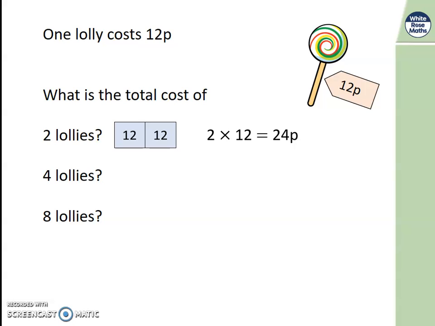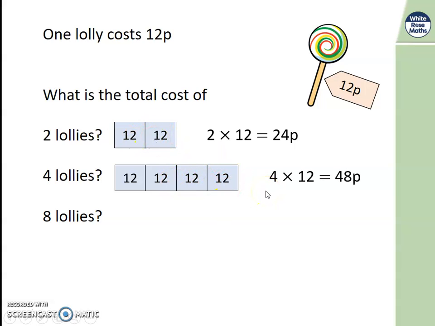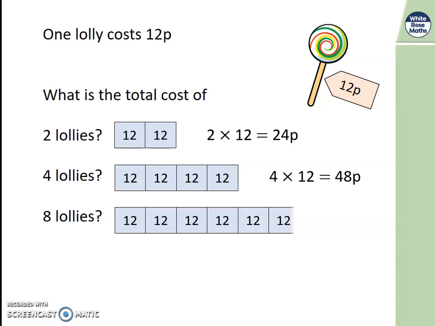Let's have a look at the next one. So there's a lolly, 1, 2, 3, 4. We can add them together. We can say 12 times 4, or we could use the knowledge from before when we had to double our answer, because if you look, there's 2 more there, isn't there? So this one's double this one, which is 48. And finally, 1, 2, 3, 4, 5, 6, 7, 8 lollies there.